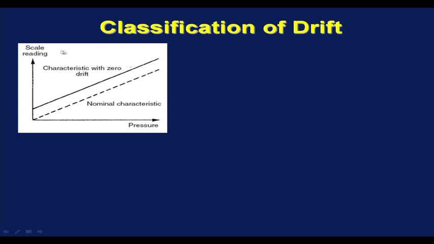So, this is an example where the instrument shows zero drift. If this is the nominal characteristic between input and output, for this particular case let us say we are talking about a pressure gauge. So, pressure is the input and this is the output scale reading.